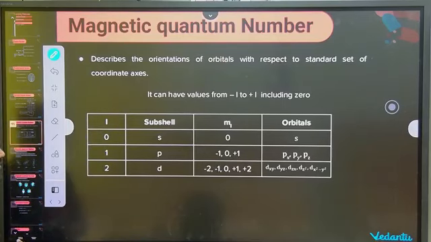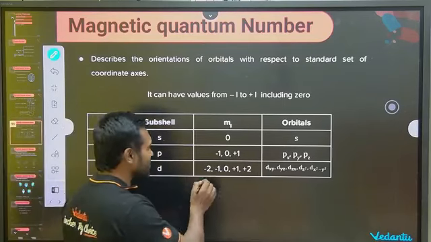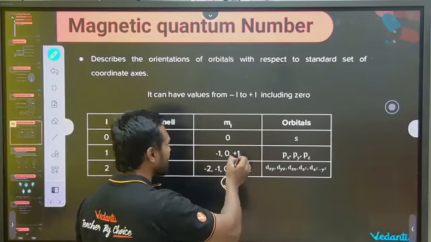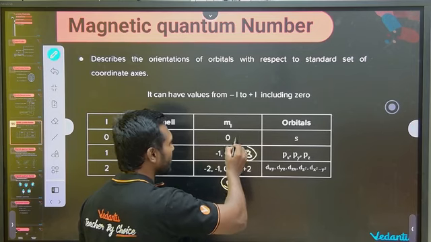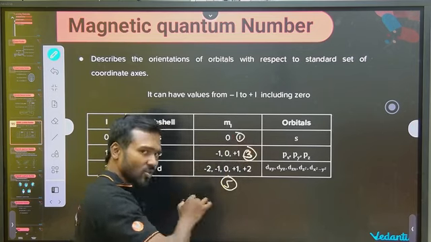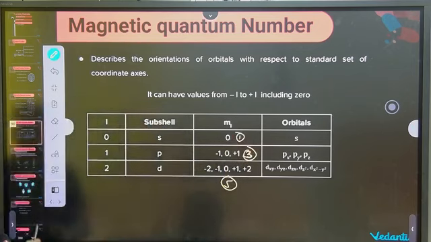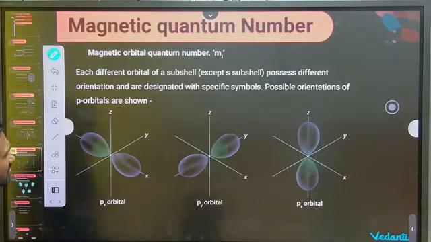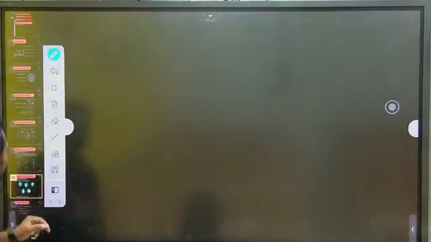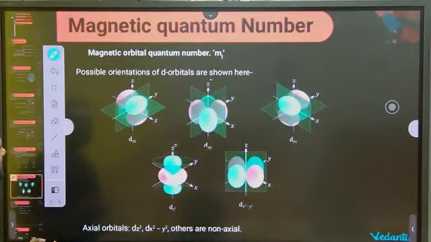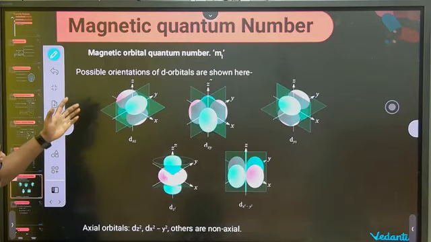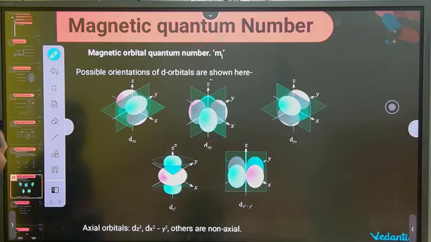So for d orbital, total we are having 5 values, 5 orbitals. Here 3 values, 3 orbitals. Here only one value, that is 0. These are the orientations, the possible orientations of the d orbitals.